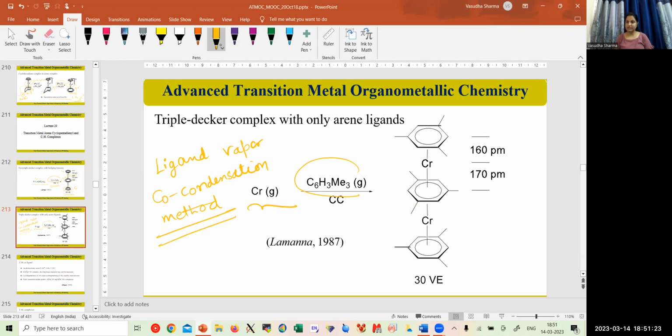So this we have read in the last lecture also, how in the gaseous state the metal and the ligand condense together to form these kinds of moieties. And here it is substituted, and this is a 13 valence electron complex, where the bond distance between the upper and middle chromium is 160, whereas the middle benzene is coordinating with both the metals, therefore the bond distance is small.